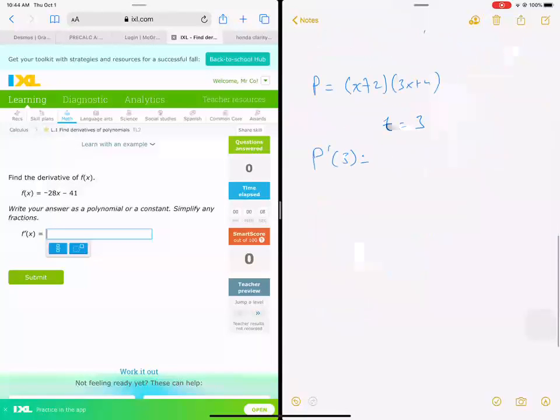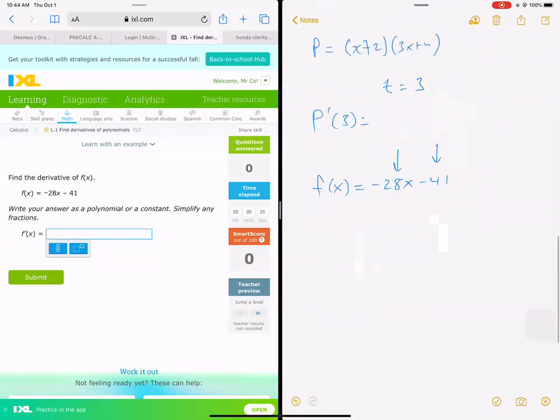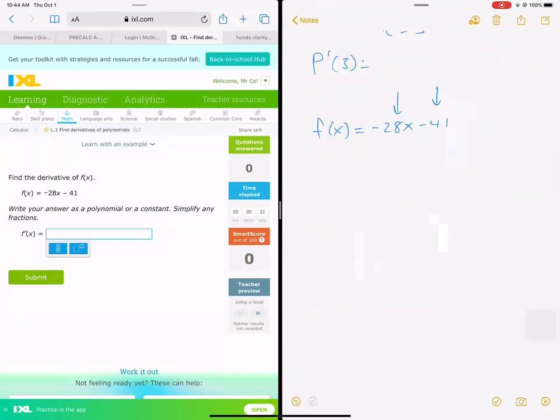And for problems like this, we remind ourselves that when I'm adding in a derivative, we do them separately. Each of these are actually a separate problem. The derivative of 28x is just, so f prime, following my label, is just negative 28. And the derivative of negative 41 is 0. Don't write it.